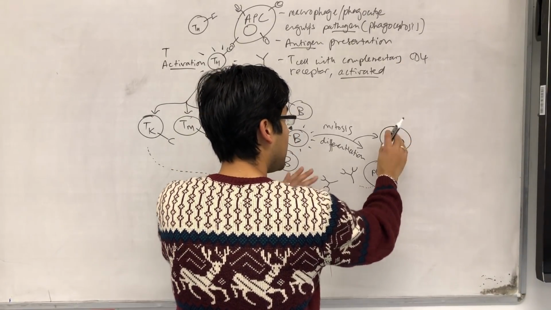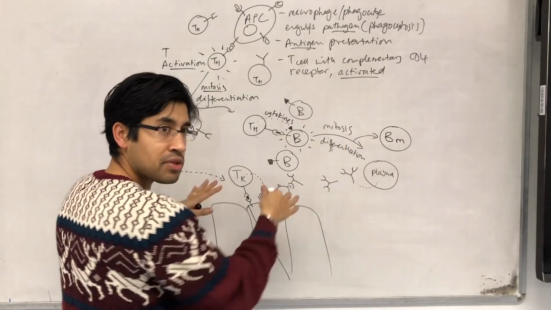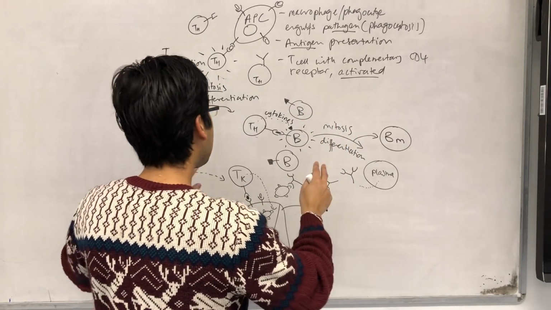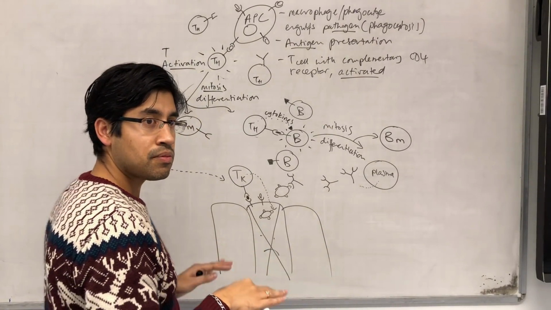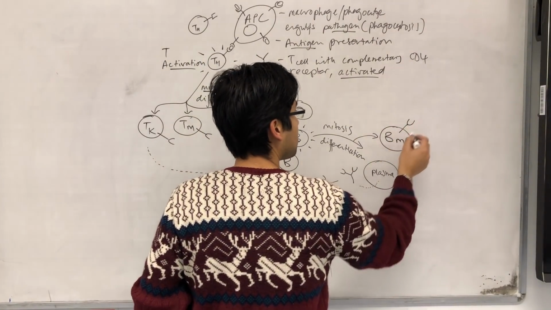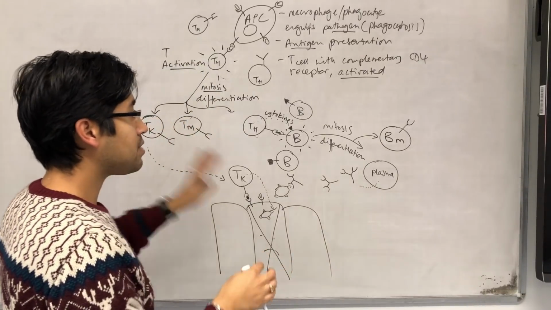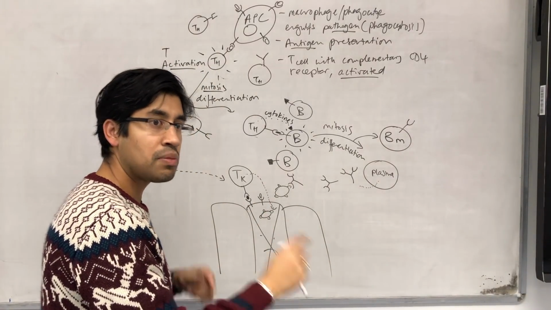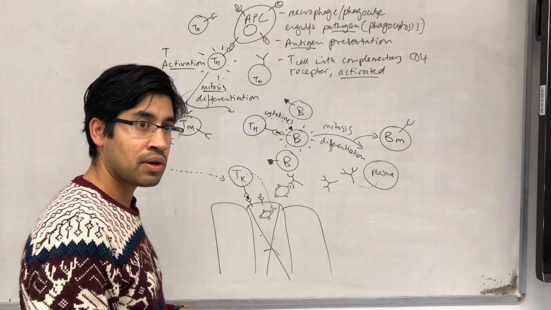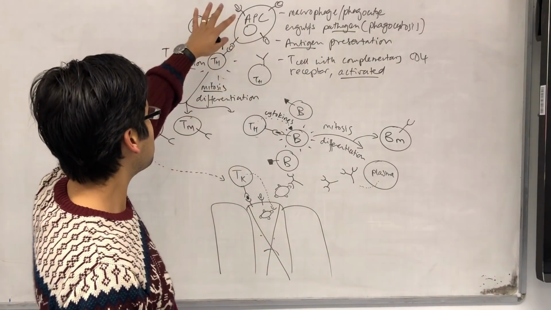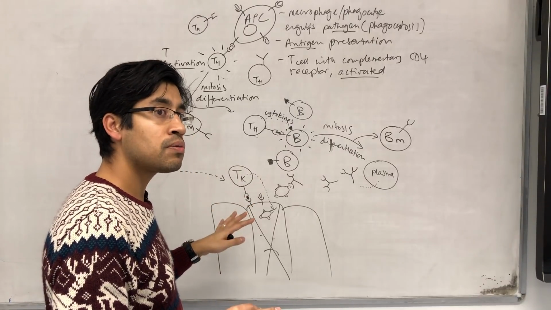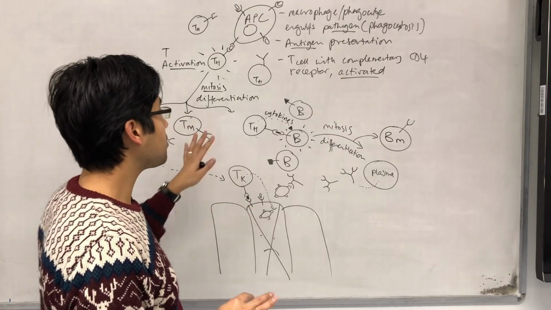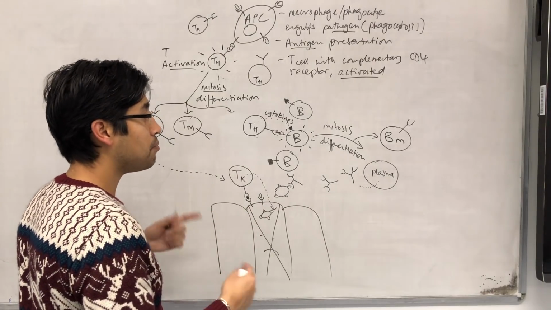They're not going to have an active role on this occasion, but they're going to hang around for the future. In case this pathogen ever comes in again, these cells are going to be there to make a faster, bigger response the next time around. Because this whole process is relatively slow, the first time around we can't make that big of a response.